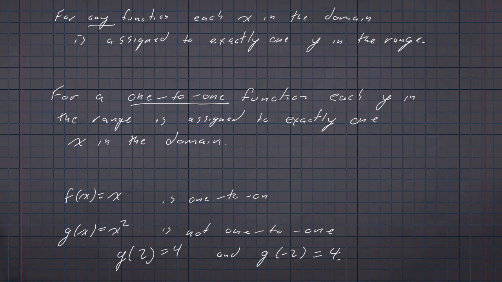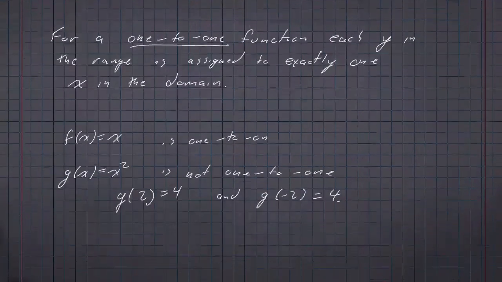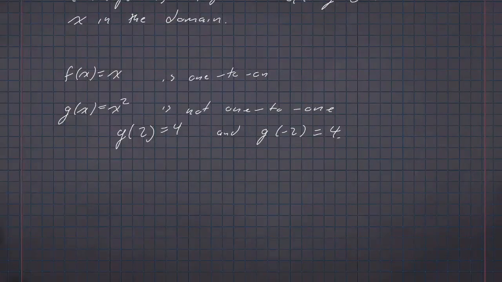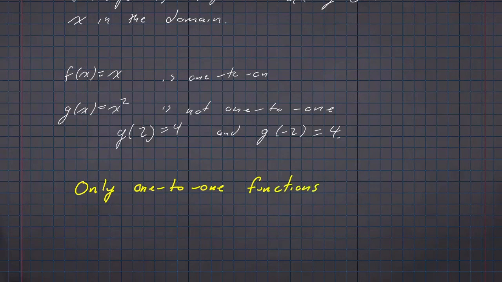And if all we know is we executed some rule and we got from our starting point to 4, well, we've lost the information of did we start at positive 2 or did we start at negative 2? Because we lost that information, we cannot take an inverse. Right? So only 1 to 1 functions have inverses.